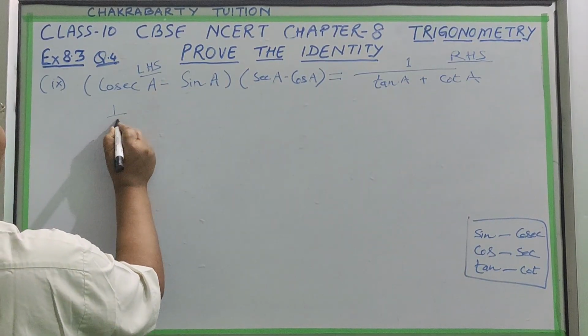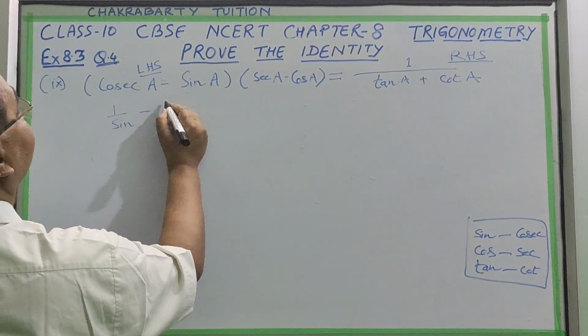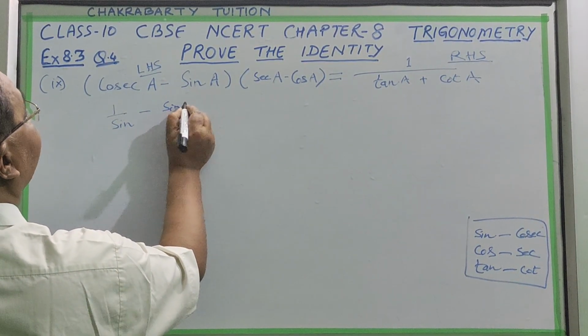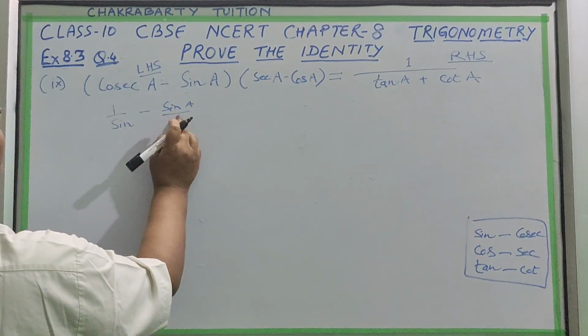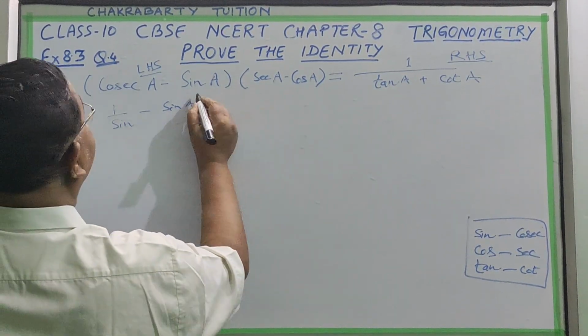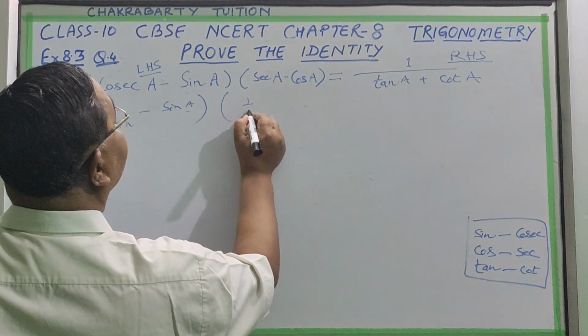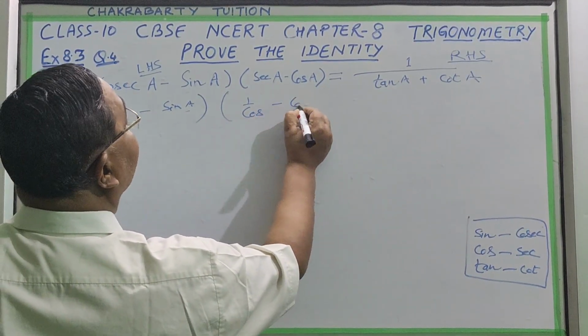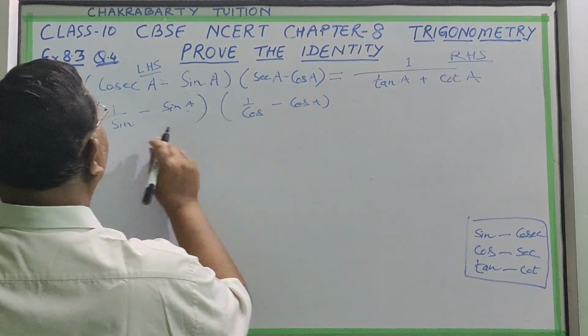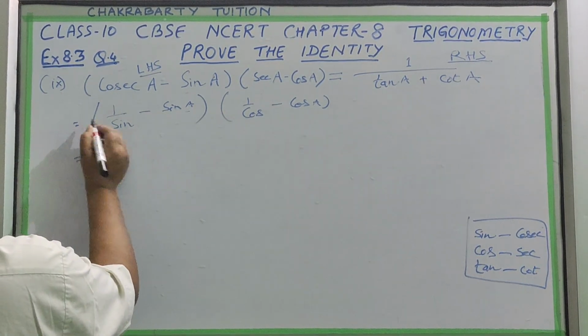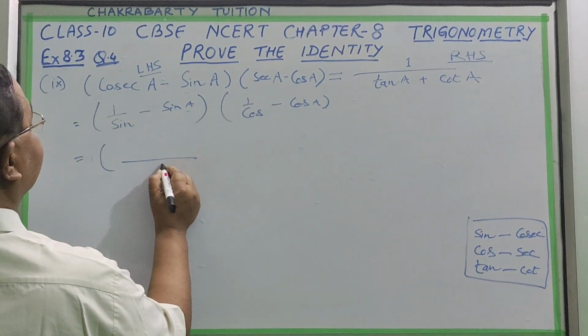1 upon sine minus sine A. Nothing is there, so 1 is understood, but we don't write. And here it will be sec, opposite of cos, 1 upon cos minus cos A. Okay. So here you take the LCM in this first bracket. LCM is sine.